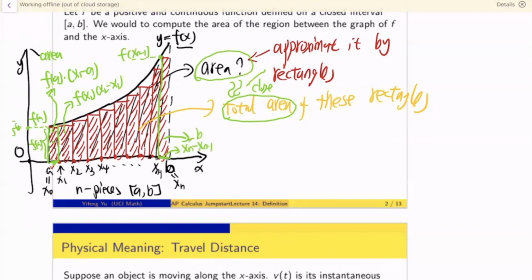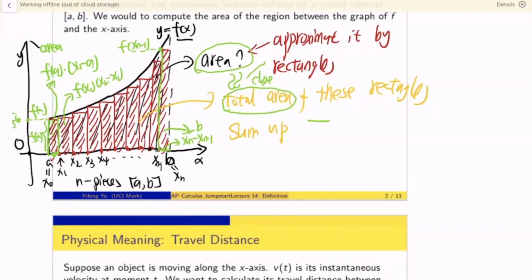Now let's sum them up. We just get the summation: the total area equals the sum over i from 1 to n of f.